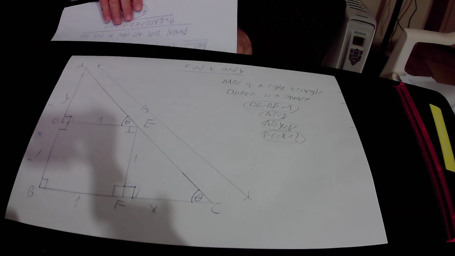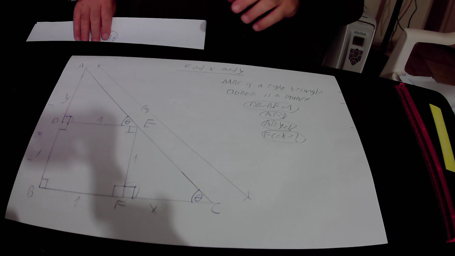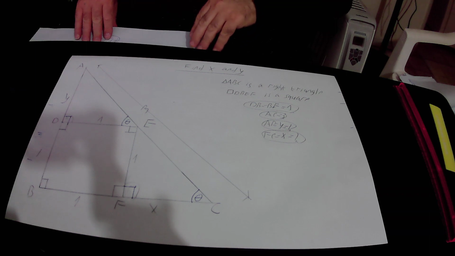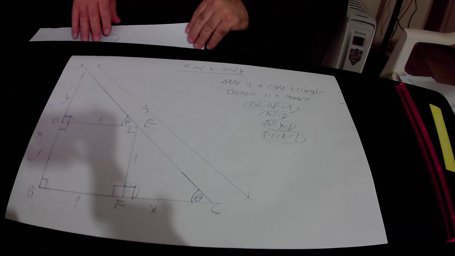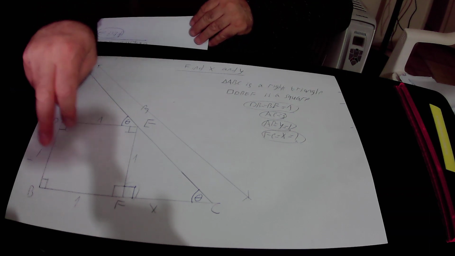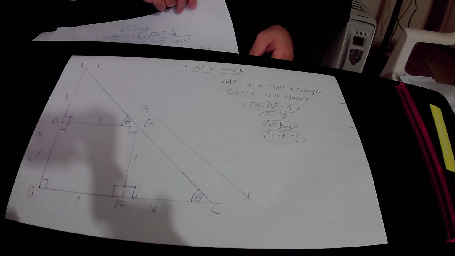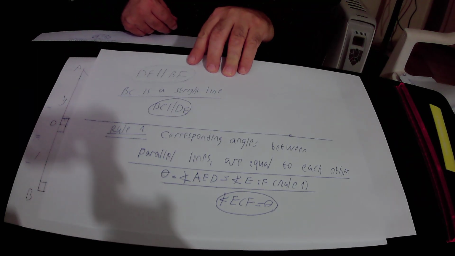So first of all, we have the rule that the opposite sides of a square are parallel to each other. That is to say, DE is parallel to BF.